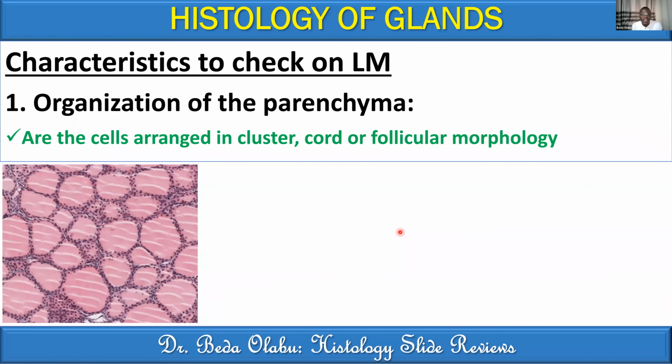Is it cluster or is it cord-like? You have 30 seconds. I've enabled the chat for you, and I can see your responses so far, majority getting it right. All right, I'll close the chat now.